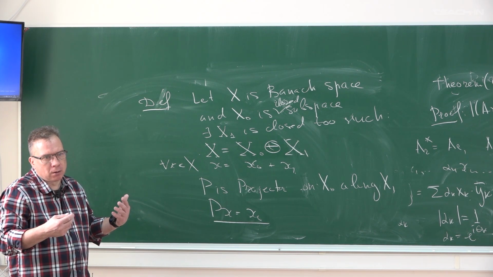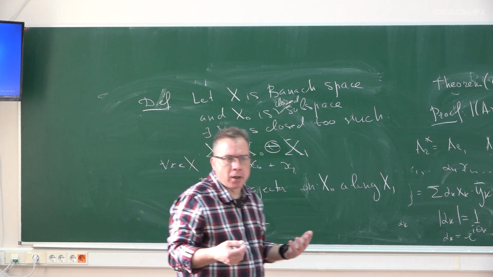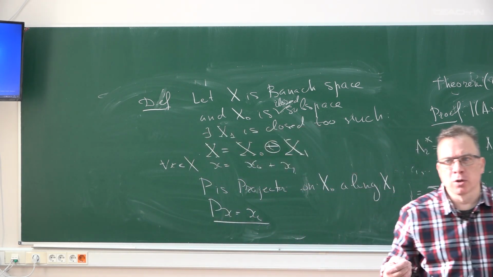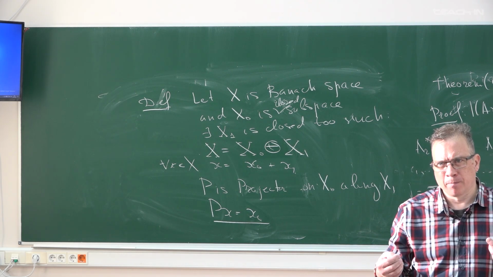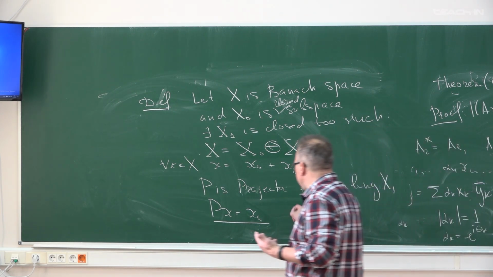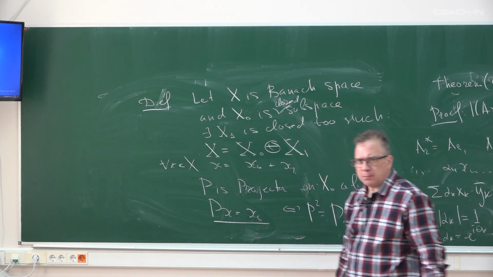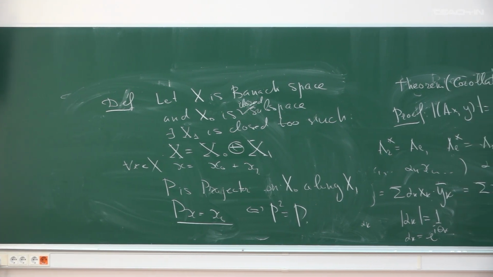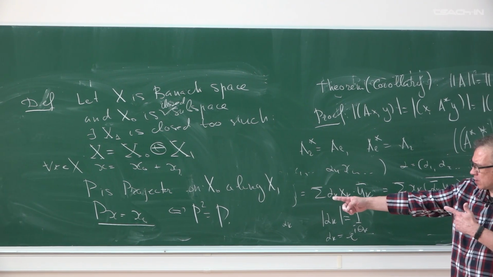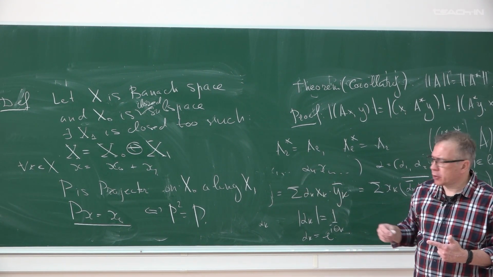And you can easily obtain the algebraic definition of projection. It is the so-called idempotent. Algebraic definition: the second power is the same operator as P. This is the definition of projector.